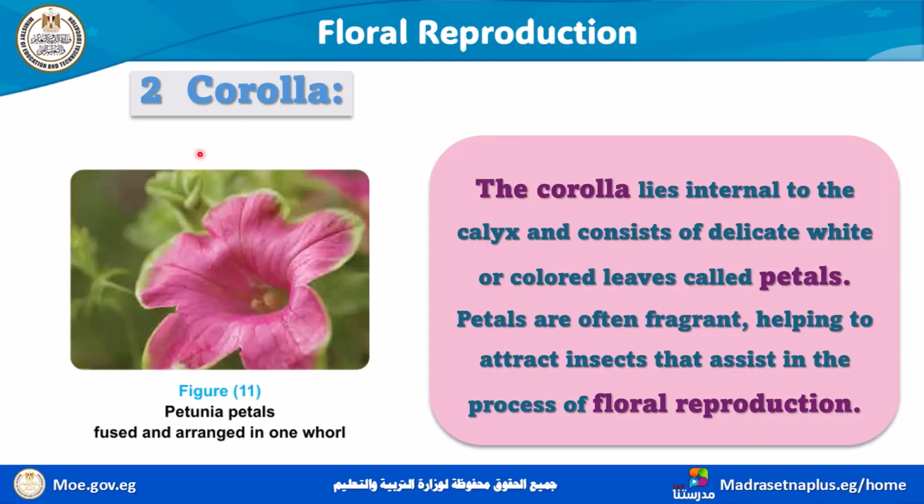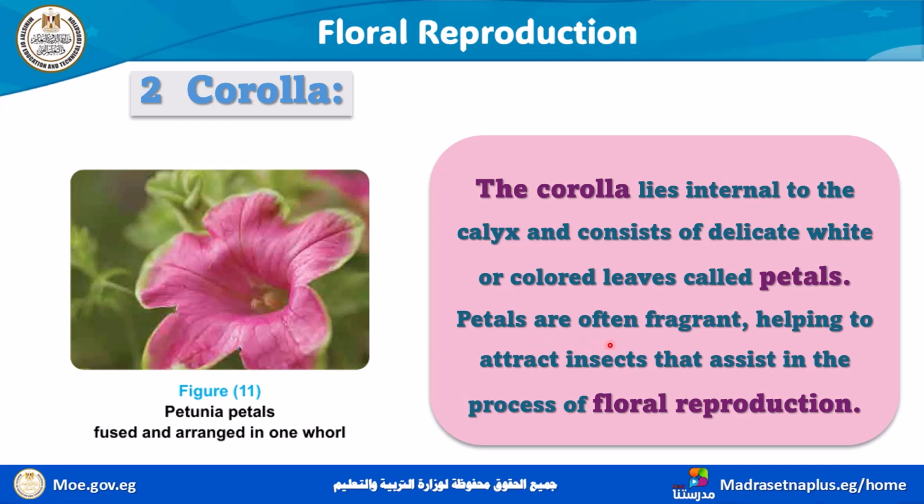The second whorl of the flower is the corolla, and the corolla lies internal to the calyx and consists of delicate white or colored leaves called petals. So each one of these is a petal.